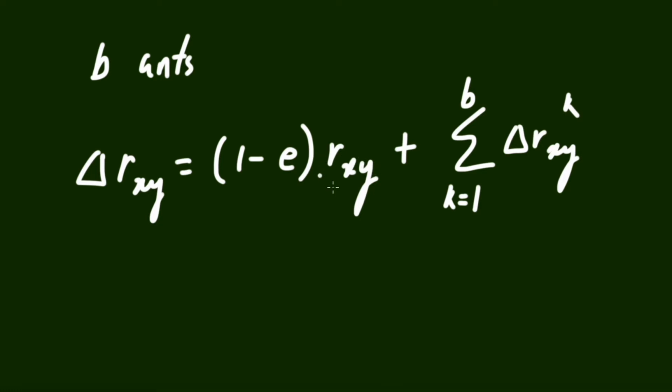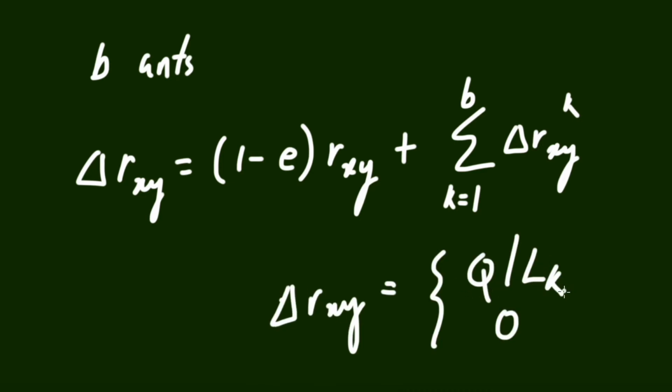So we take the previous concentration and multiply it by 1 minus E. And then we sum up the pheromone counts dropped by all the ants on that edge. And that is given by Q over L_k in case the kth ant traverses the edge xy and 0 otherwise. L_k here being the difference between the length traversed by the kth ant and the length of the best path seen so far.